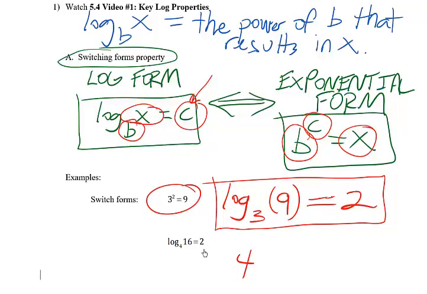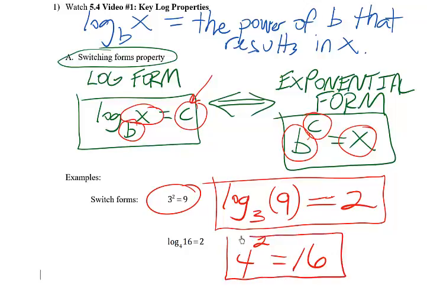You should say that to yourself a few times. The logarithm is equal to the power, so that 2 there is the power. And the result of using that power with that base is 16. 4 to the second power equals 16 would be the exponential form of our original statement.